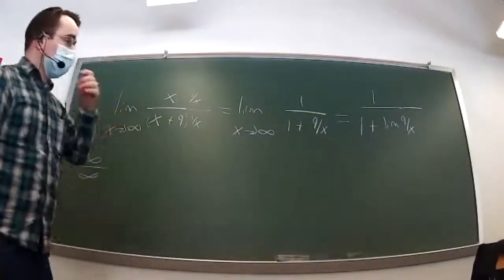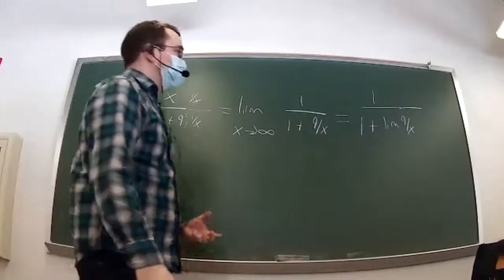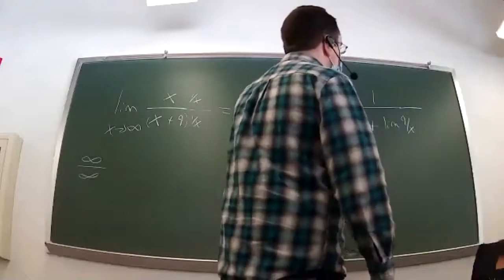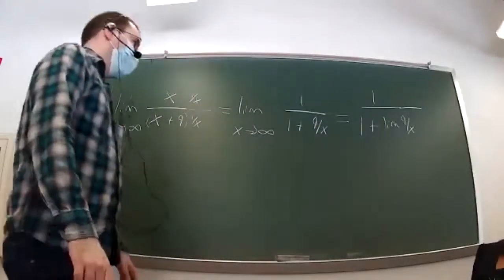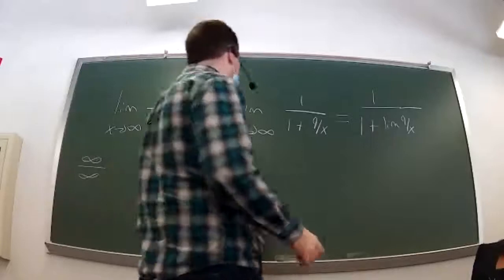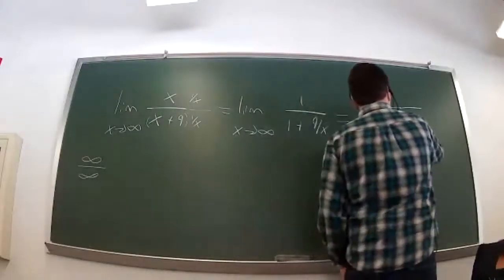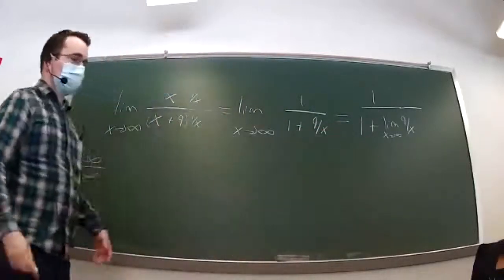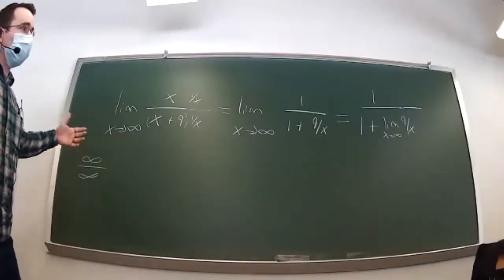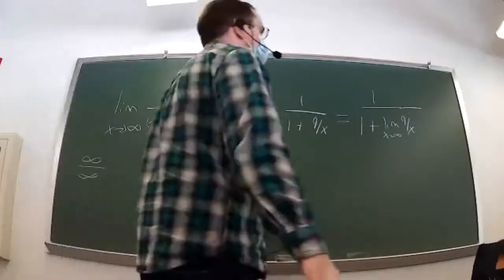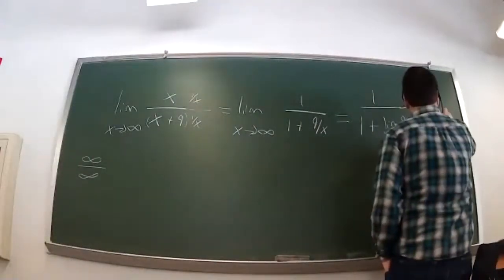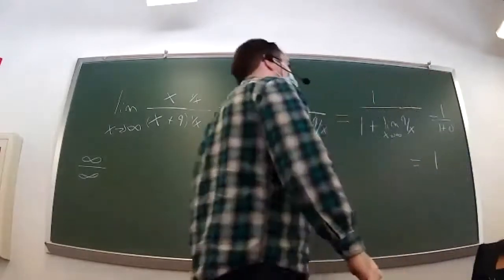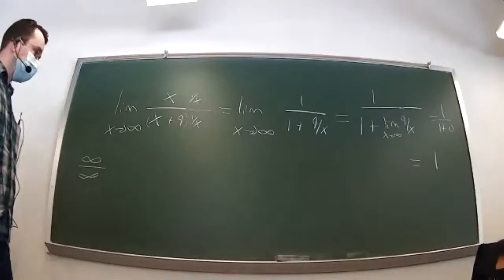And now you see why I took some time to emphasize that if you've got 1 over x to the n, here n is equal to 1, then that's going to tend towards 0 as x tends towards infinity, right? As x is getting larger without bound, 1 over x is getting smaller and smaller, closer to 0. So you're left with 1 over 1 plus 0 equals 1.